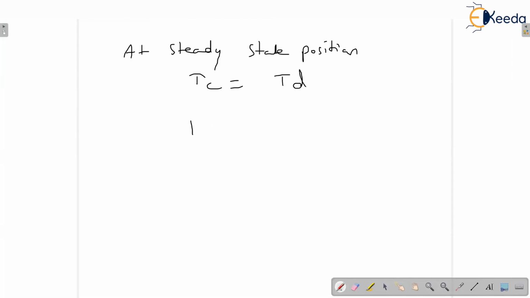Then next, at steady state position TC equal to TD. Kc theta is equal to V square by RSC square dm by d theta.